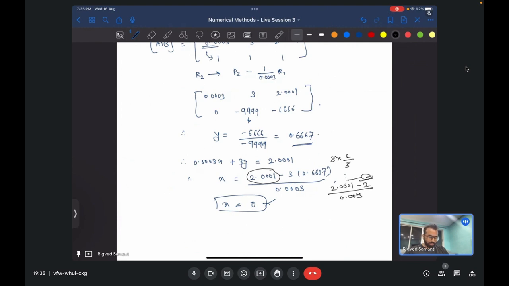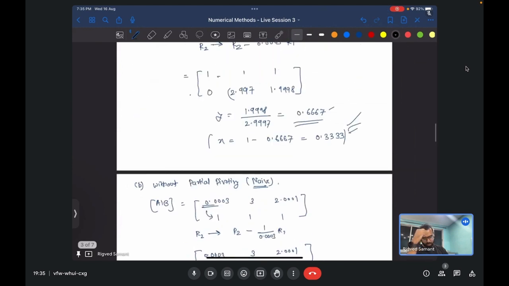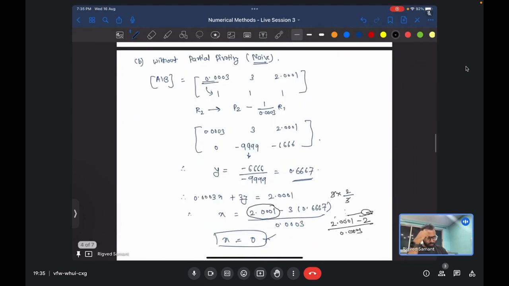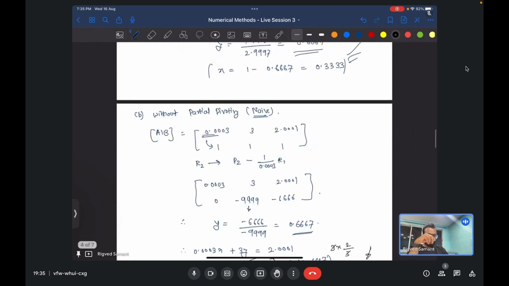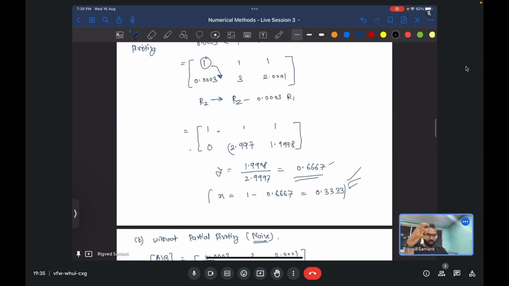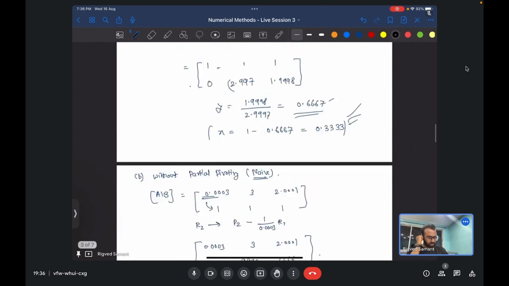While doing this kind of study, you always have to be sure of that, which is why you use partial pivoting. In partial pivoting, this problem gets eradicated. So partial pivoting is effective when you are working with values which are very close to each other, in an ill-conditioned system.